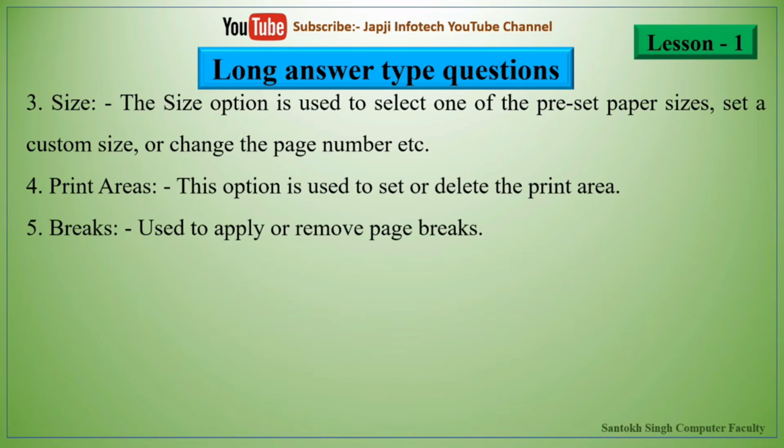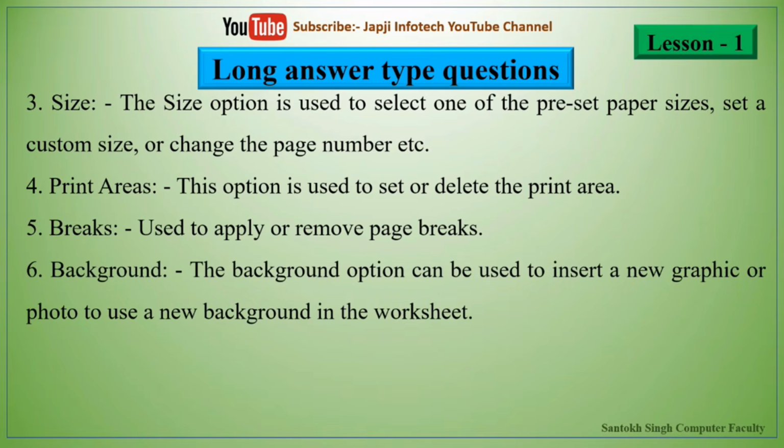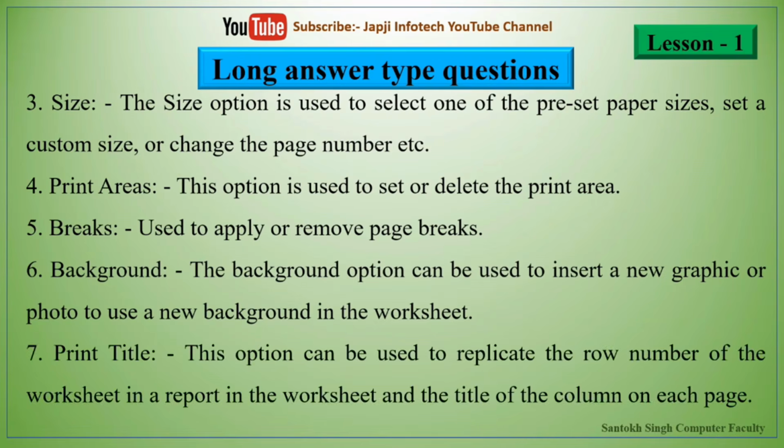Used to apply or remove page break. Background. The background option can be used to insert a new graphic or photo to use as a new background in the worksheet. And the last one is print titles. This option can be used to replicate the row numbers of the worksheet in a report and the title of the column on each page.